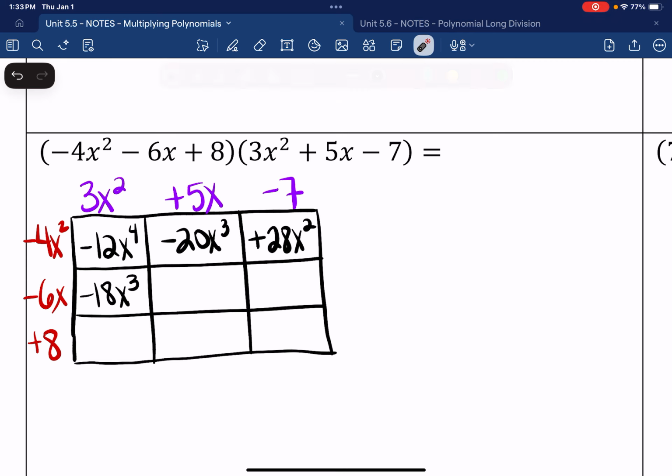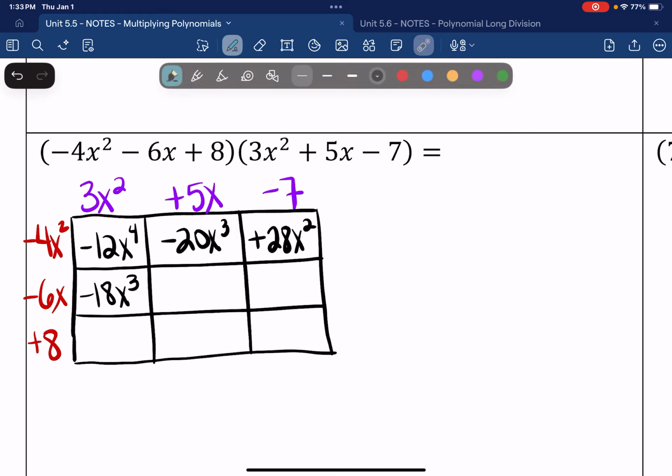All right, then this next box right here, 5x times negative 6x gives us a negative 30x squared. Remember, both of these exponents are a 1. So when you multiply x times x, you get an x squared right there.